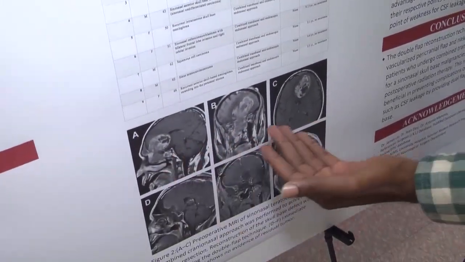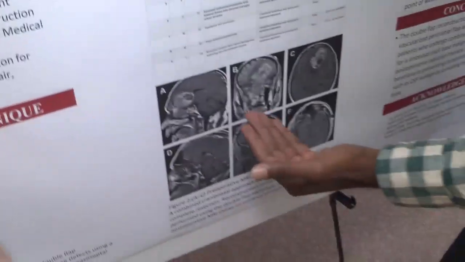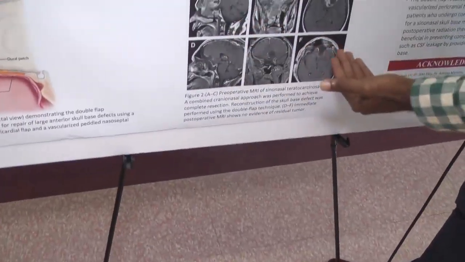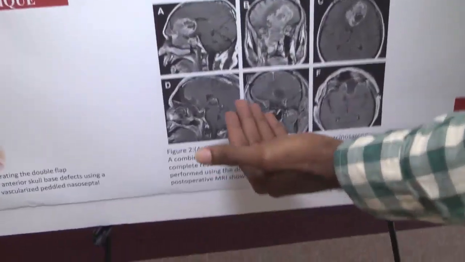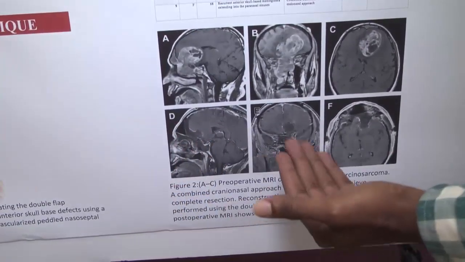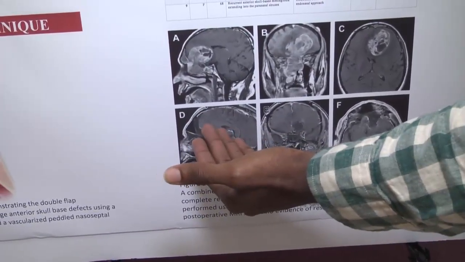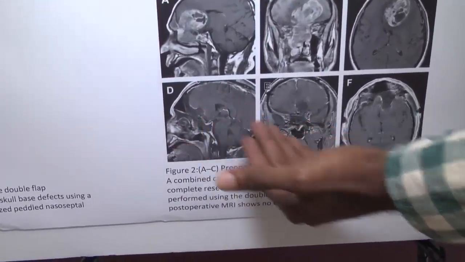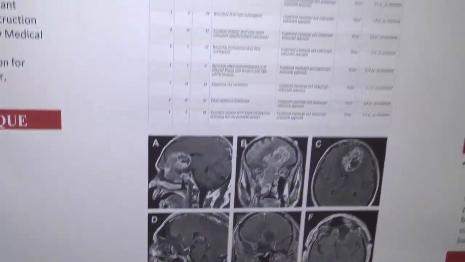From A to B, you see there's a tumor, and these patients had a combined approach for resection of the tumor, and D to F shows what happens post-operatively. The anterior skull base defect was reconstructed using the pericranial flap and nasal septal flap, and you can see the tumor is gone, and in this patient there was no tumor recurrence of any kind.